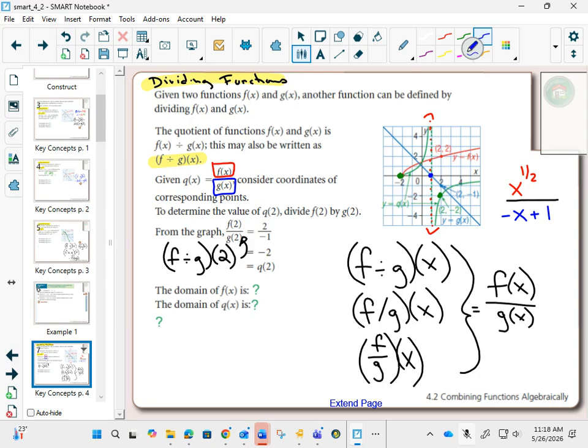This is group 3. What's the degree on the bottom? The degree on the bottom is a 1. The degree on the top is a half. When the degree is bigger in your denominator, what did you know about your graph? It will have an asymptote at y equals 0.